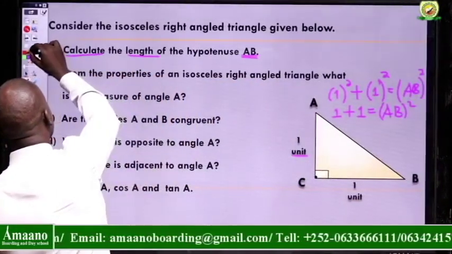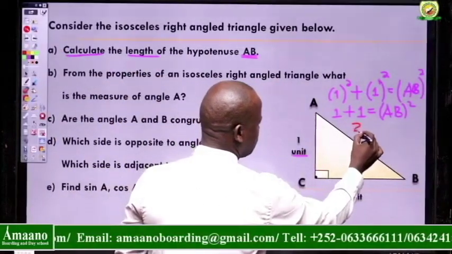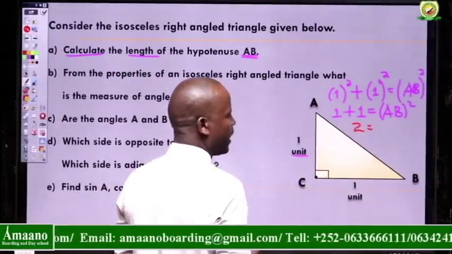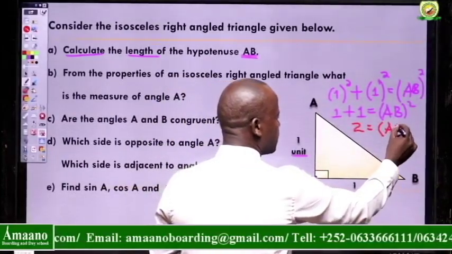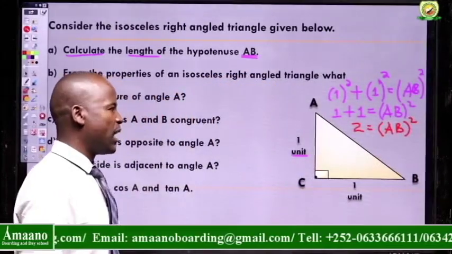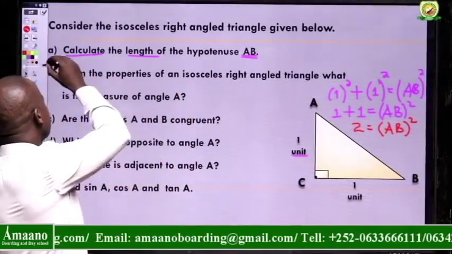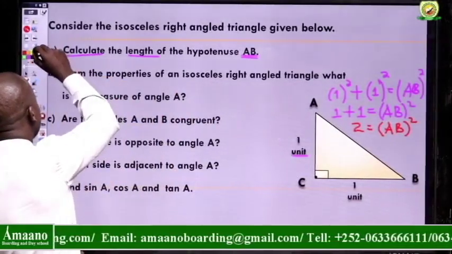What is 1 plus 1? 1 plus 1 is 2. Here we have 2 is equal to AB squared. So to find the side length of AB, take the square root of both sides.